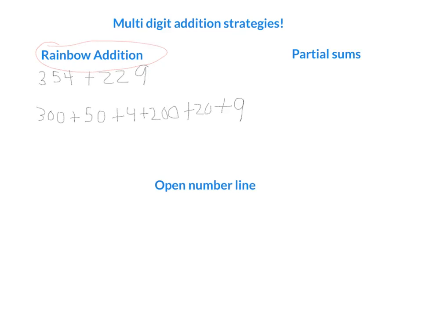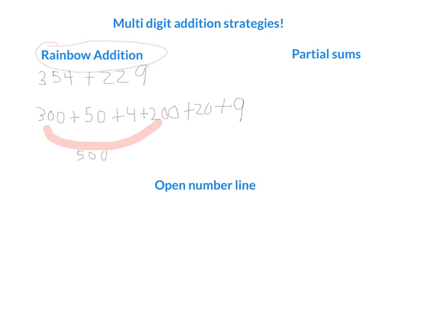The reason that this is called the rainbow addition strategy is because we're going to make it look like a rainbow, of course. So, easily enough, we are going to add up first all of our numbers in our 100s place, and we know that those numbers equal 500.